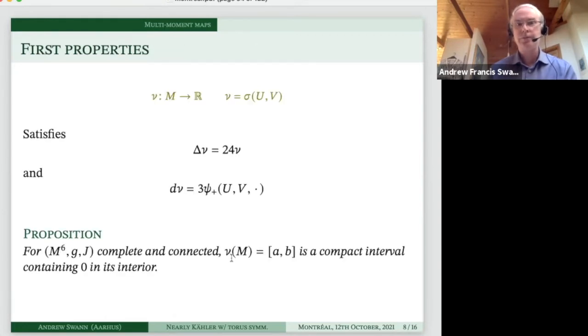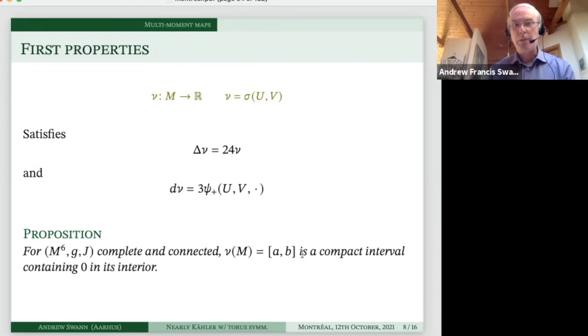Sorry, so this interval is strictly larger. If it's not an interior point, then you get a contradiction out of that. So you nicely have that 0 is an interior point of the image of the multi-moment map.